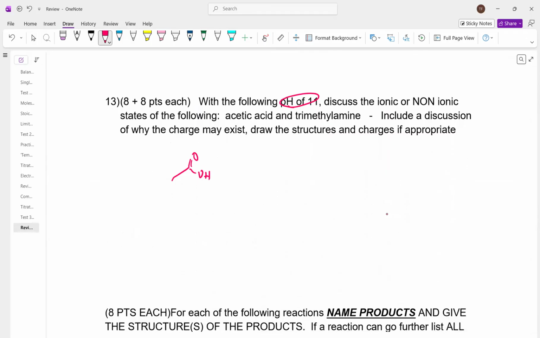And we have an alkaline pH. So that pH is greater than 7. So that means there's going to be OHs around to grab hold of that proton.